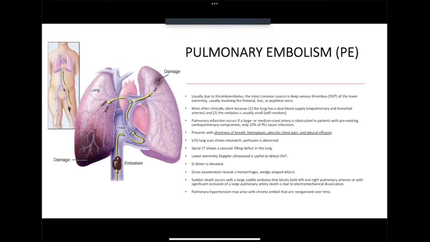Depending on the size of the embolus is where it will lodge. If it's a larger embolus, it can even stop here. If it's smaller, it can cross here, and the smaller it gets, the lower it goes in the bronchial artery tree.